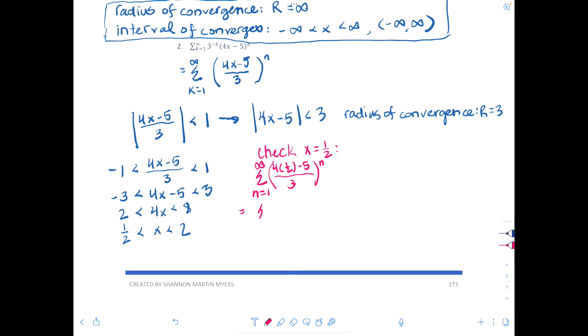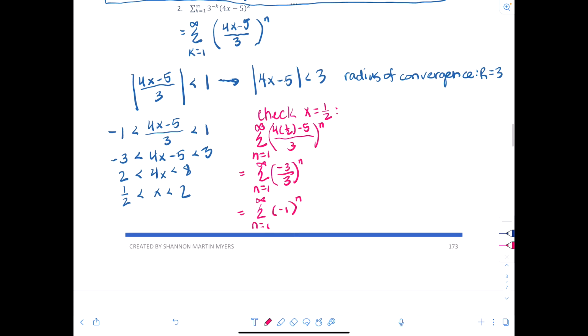That's going to be equal to the summation as n goes from 1 to infinity of negative 3 to the n, negative 3 over 3, all to the n, which of course will just be the summation as n goes from 1 to infinity of negative 1 to the n. Good so far? All right.